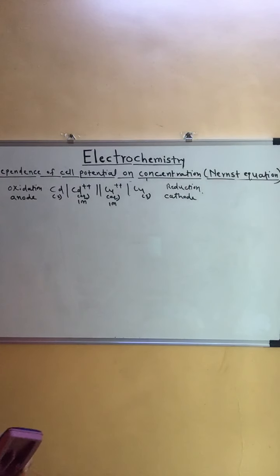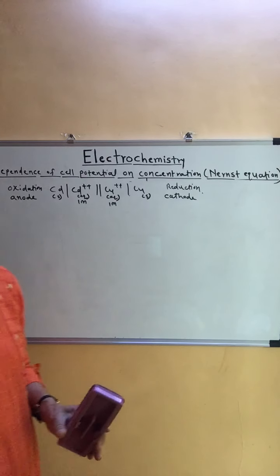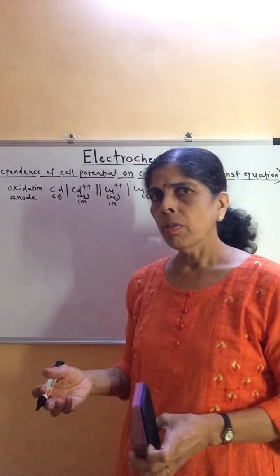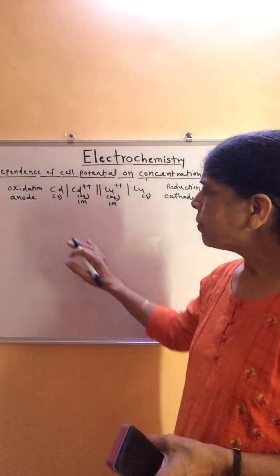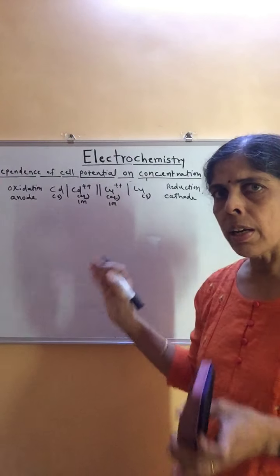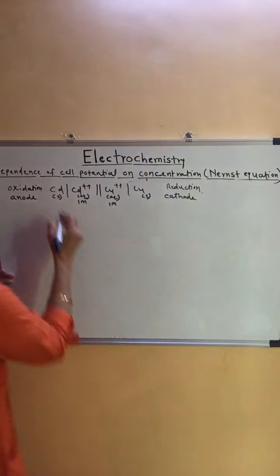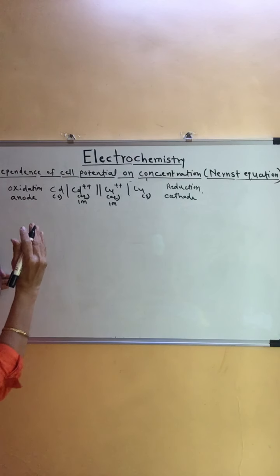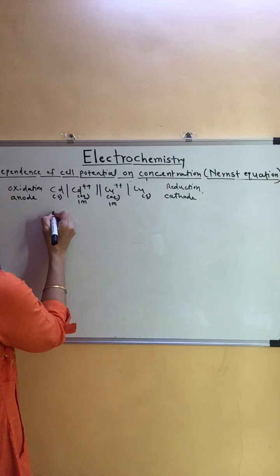So we can write down the reactions, because for getting the potential of the cell by the Nernst equation, we will need first of all the final cell reaction. So first of all we will write the half cell reactions. In the left hand side cell, oxidation is going to take place.